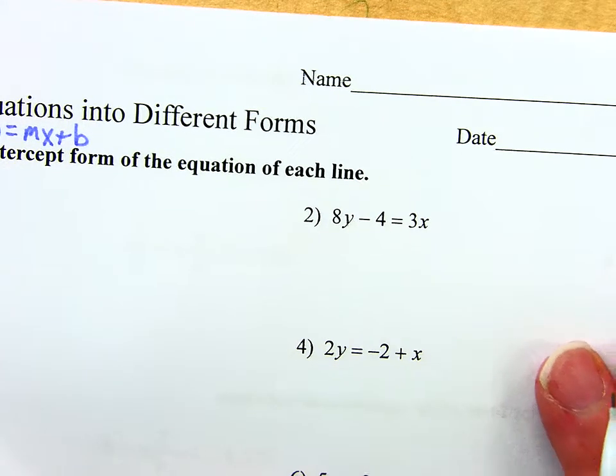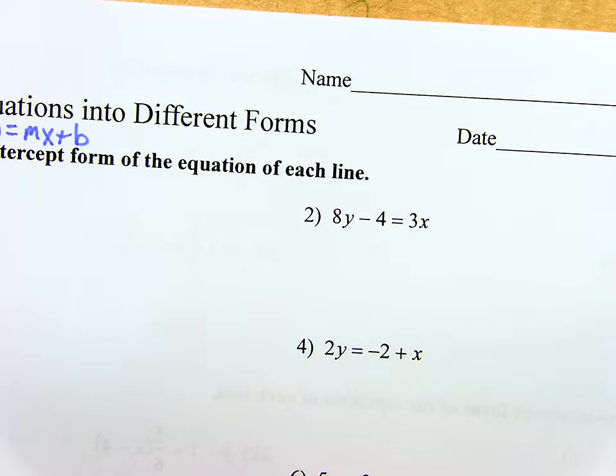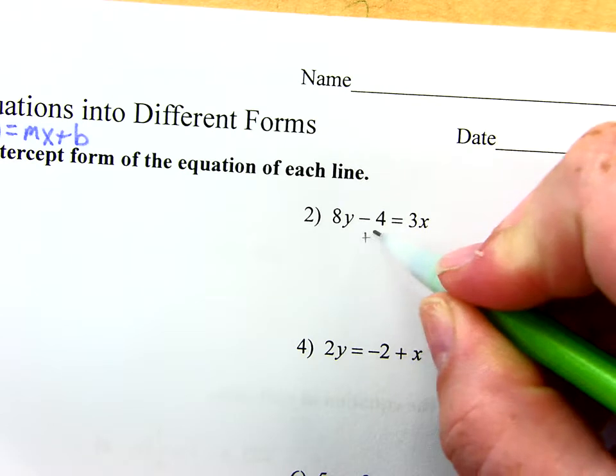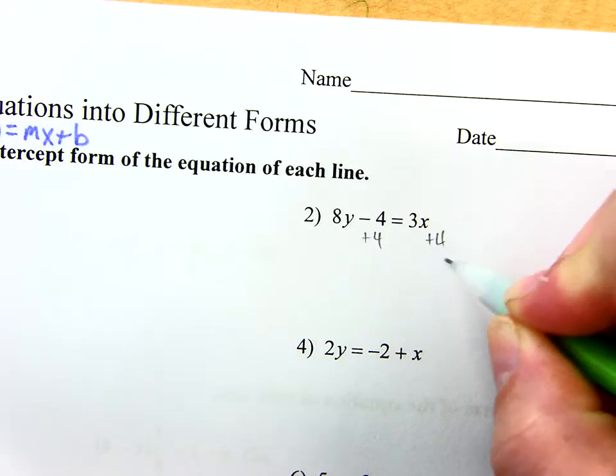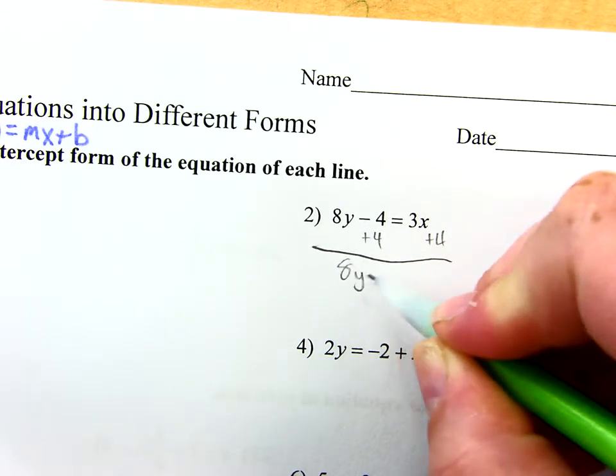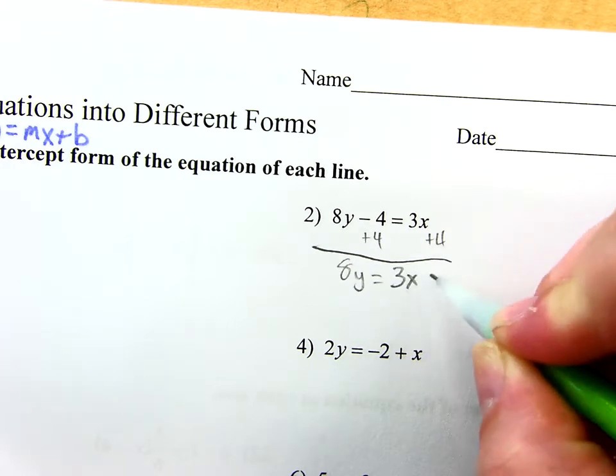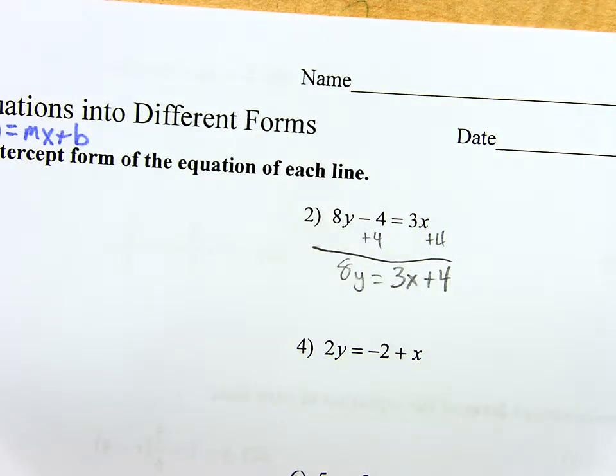I want to rewrite this so that it looks like y equals mx plus b, so I need to get the y by itself. What might you do first? Add 4 to the other side. I would add 4 to the other side first. Then divide by 8.